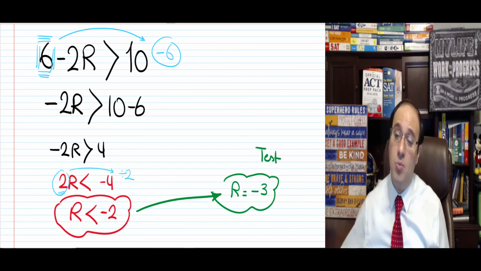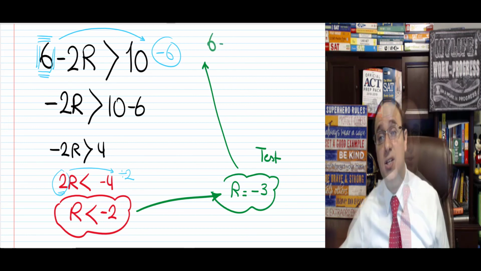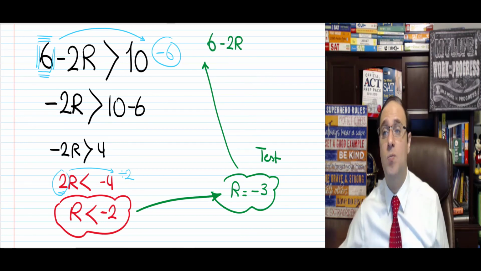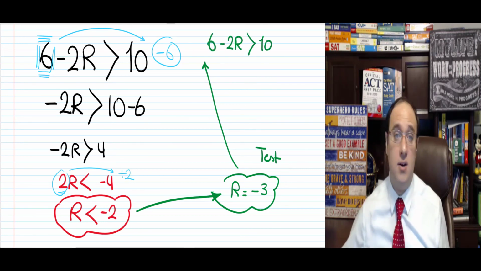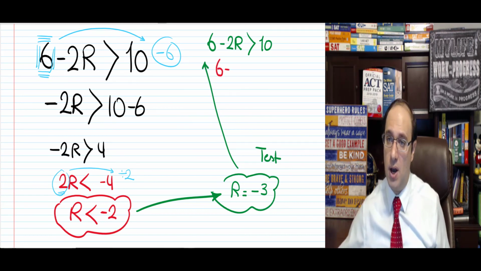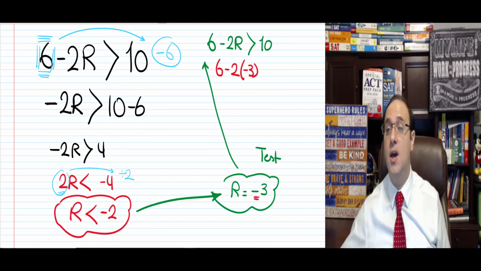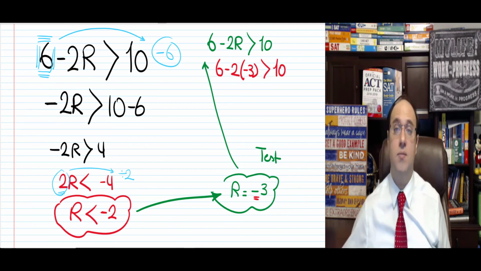Okay? Now, take this r equals -3 and put it into the original: 6 minus 2r is greater than 10. Okay, perfect. 6 minus 2 times -3, because r here in my assumption is -3, is greater than 10.